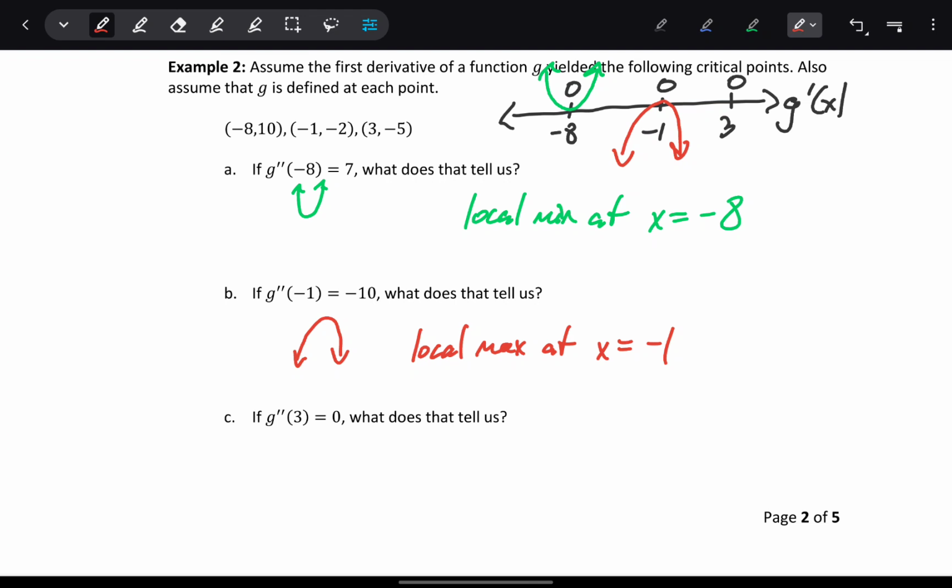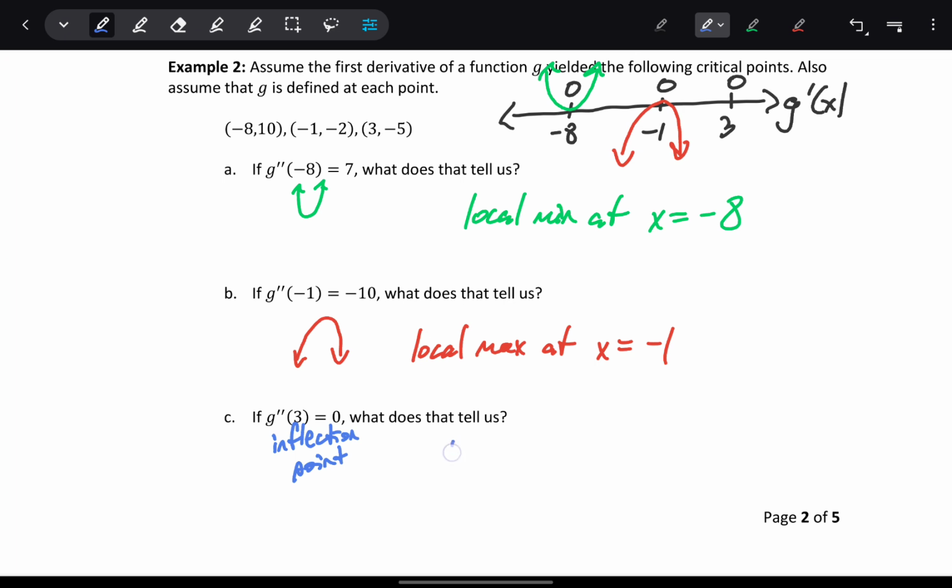In part C, we're told that the second derivative function evaluated at 3 is equal to 0. That means this is an inflection point for our function, so concavity is changing. That means we don't get a clear answer about whether the function is concave up or concave down.